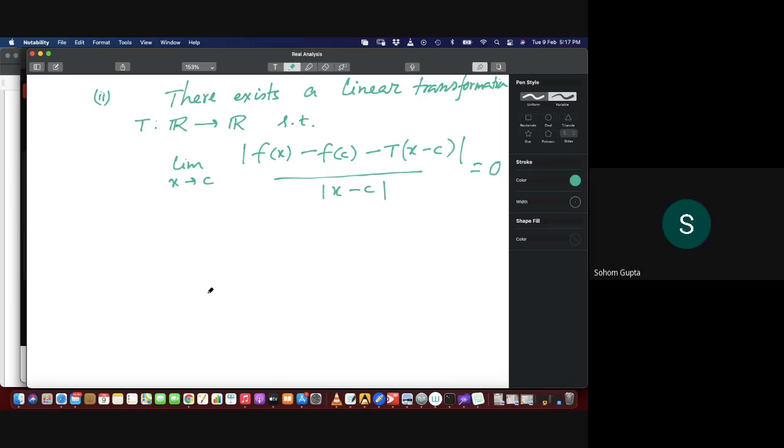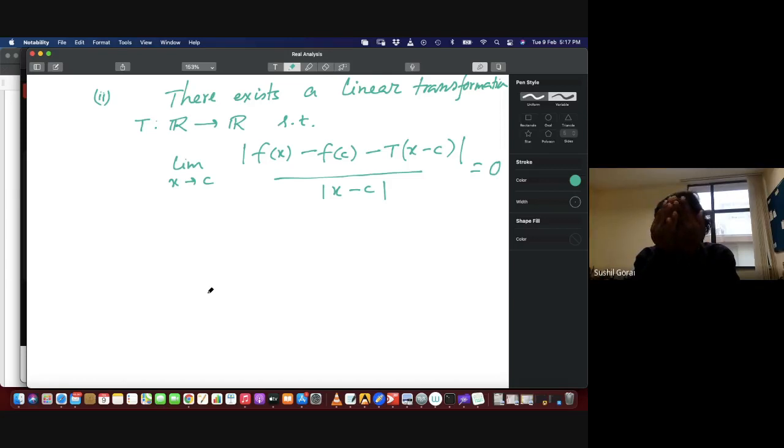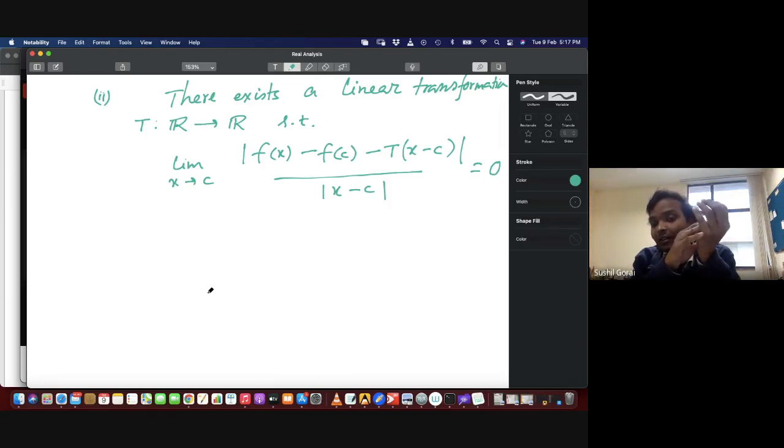Also local properties of a function like maxima and minima, or whether the function is increasing or decreasing in nature, we can find that if the first derivative exists. That is the point. You can actually understand the function. So in physics, you will be able to understand how a particle moves.